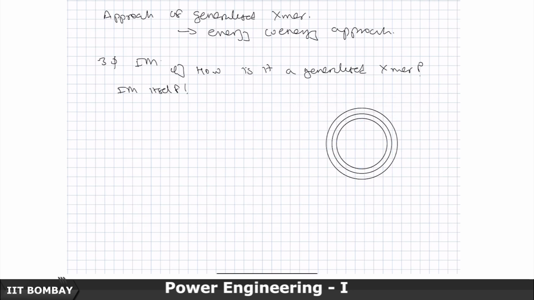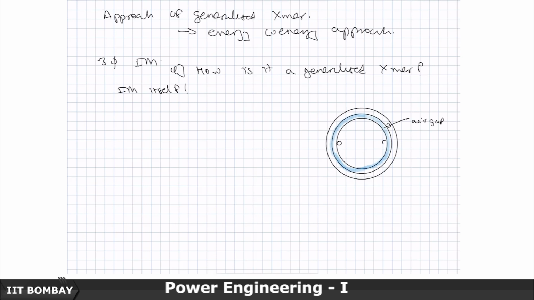So I have a rotor and a stator, and you of course know that this is the air gap here, this is my air gap, and you can think of three coils.